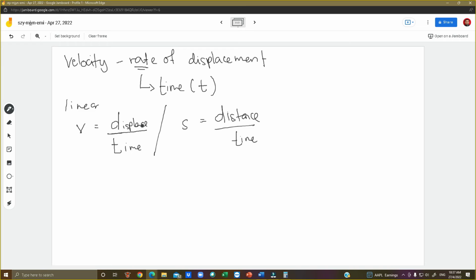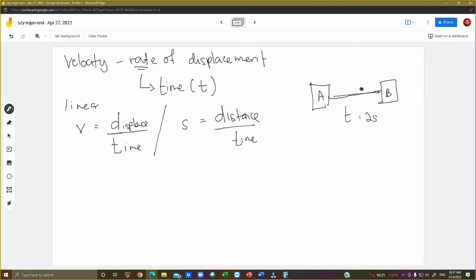Ni velocity. So we try to seek rate of change. A pergi B, berapa lama masa dia ambil. So we are going to get velocity. For example, katalah kita ada case macam ni. Simple cases. The time taken for A to go there is 2 seconds.